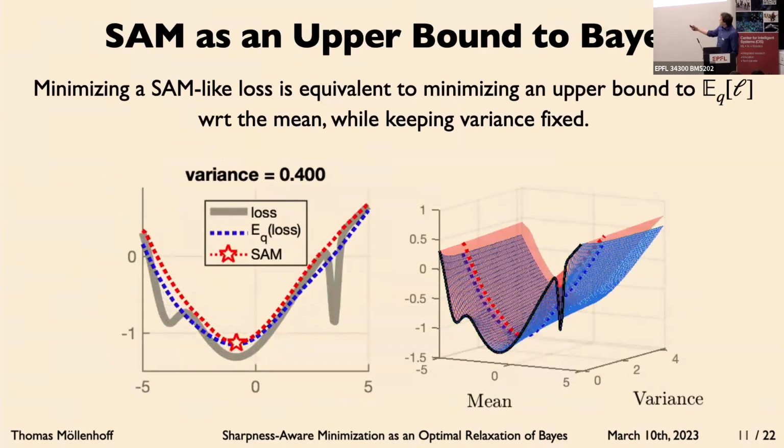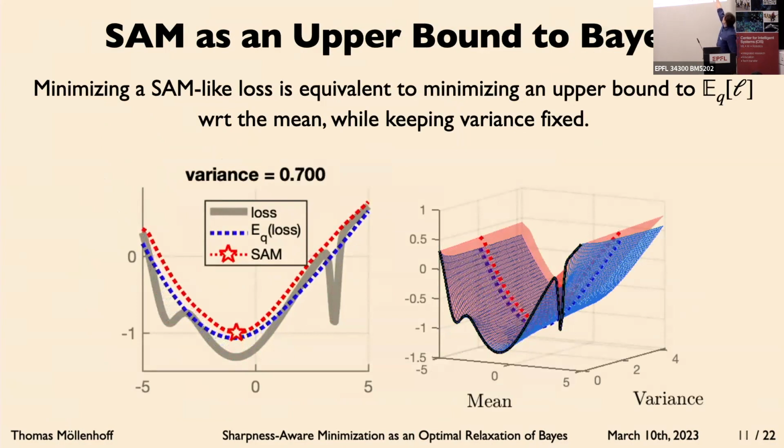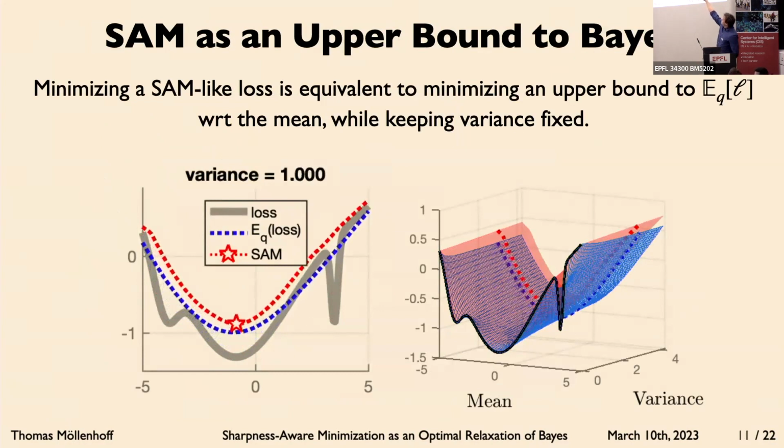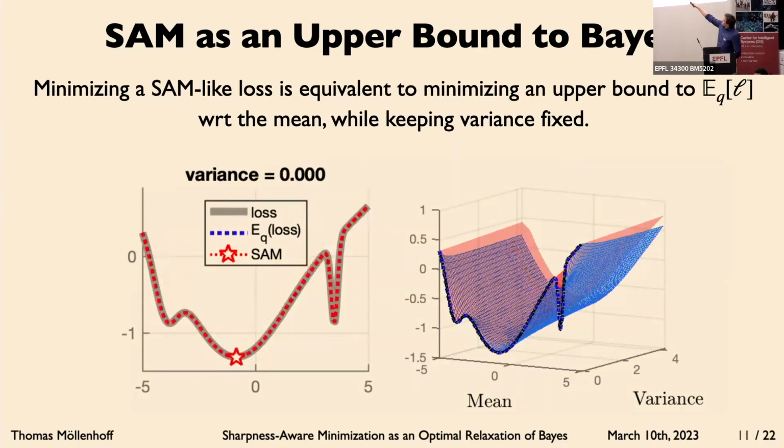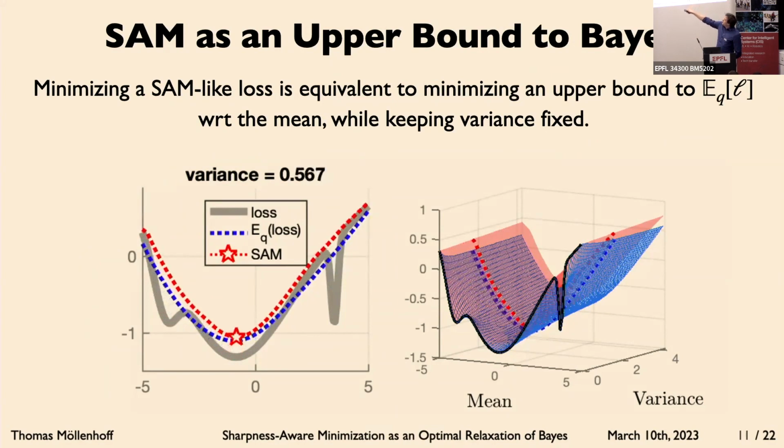We will see that this SAM loss function is equivalent to minimizing an upper bound to this expected loss that we've seen, with respect to the mean while keeping the variance fixed. I've plotted this here on this one-dimensional cost function. The expected loss is the blue curve, and the upper bound obtained using SAM is the red curve.